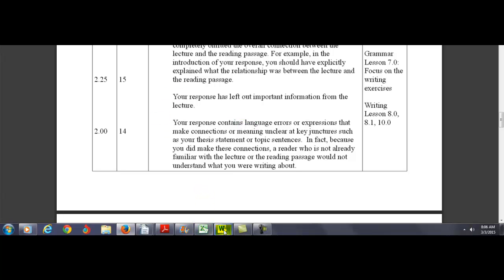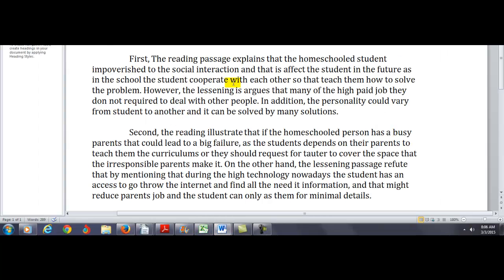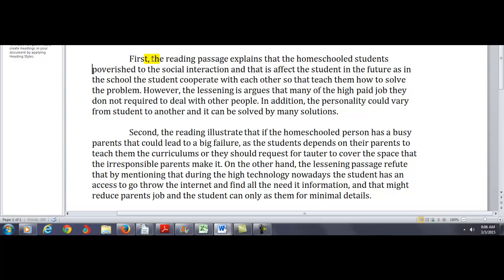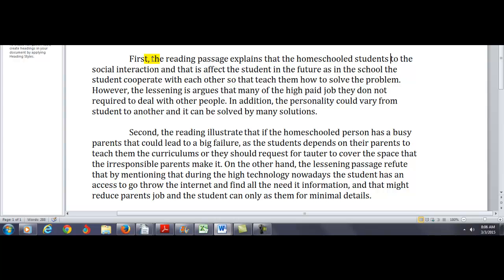So let's go back to what you wrote. Let me just give you an idea of some of the language errors. If I'm looking at this paragraph, I might say, first, the reading passage explains that the homeschool students... impoverished is not the right word. Impoverished has to do with being poor and not having a lot of money.